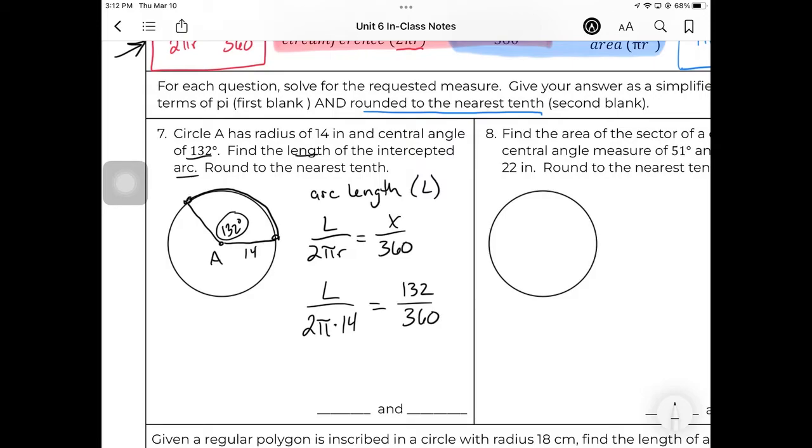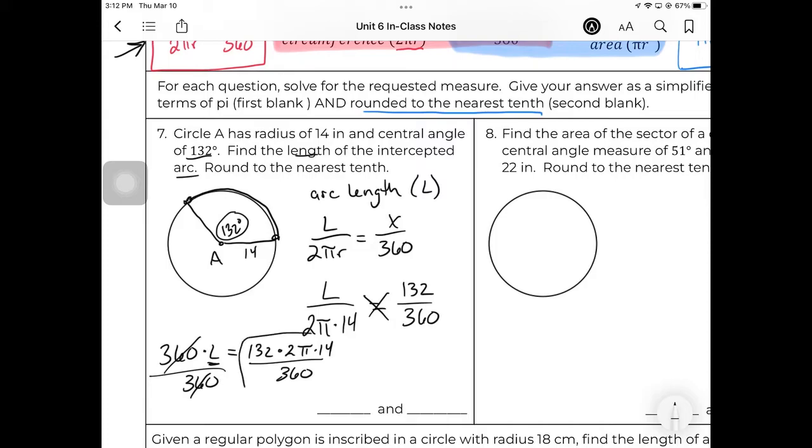As we progress forward, to solve this proportion, remember, you cross multiply. That gives me 360 times L equals 132 times 2 pi times 14. To get L by itself here, we're going to divide by that 360 to cancel it. Notice I haven't really done any decimal calculations yet.